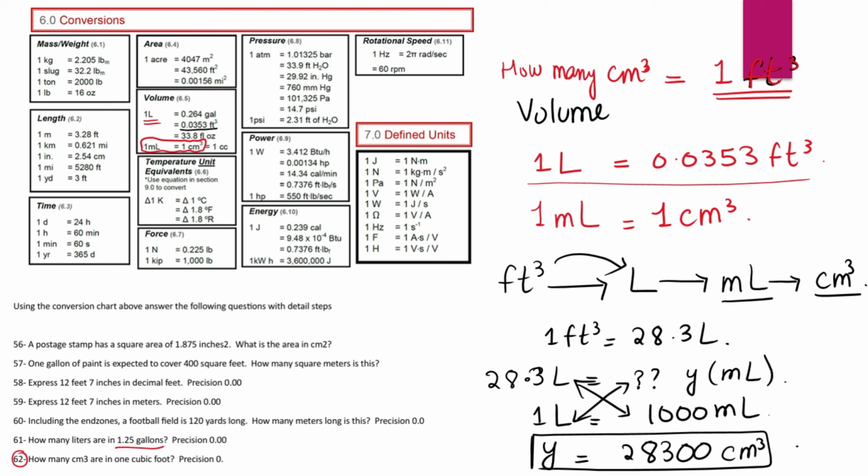For that, we looked into the volume section. In the volume section, we saw that there is no conversion written for converting cubic foot into centimeter cube. So we converted the feet cube into liters first, and then we converted liter into centimeter cube.